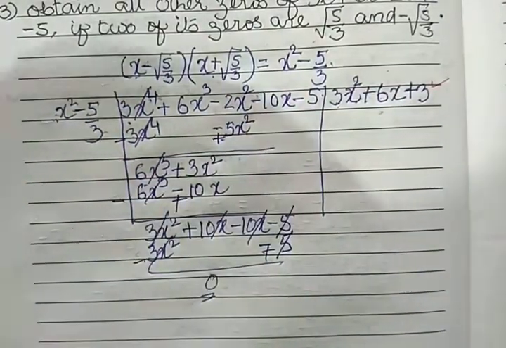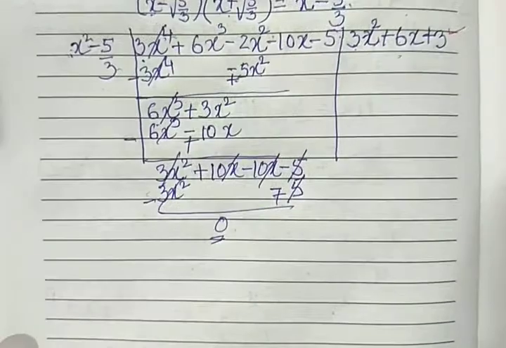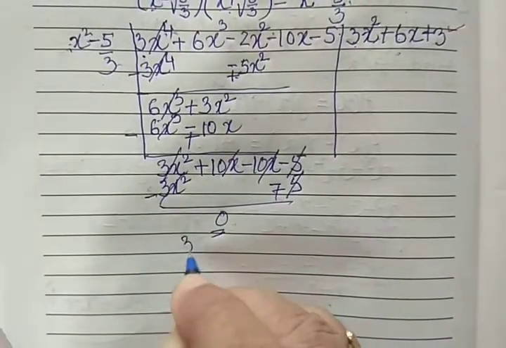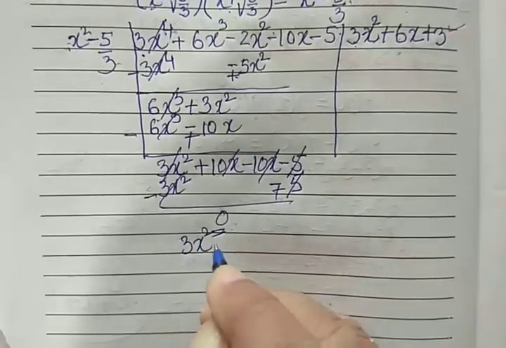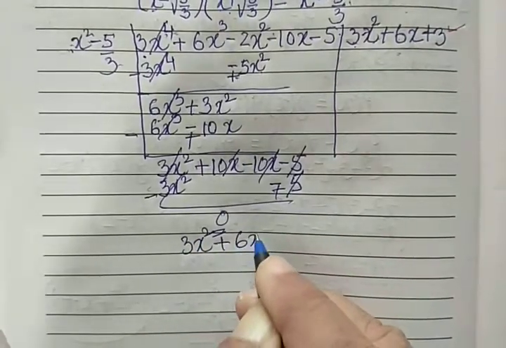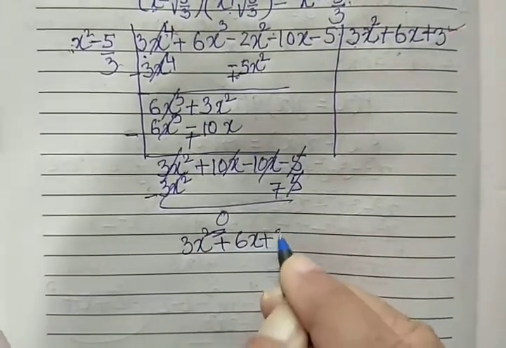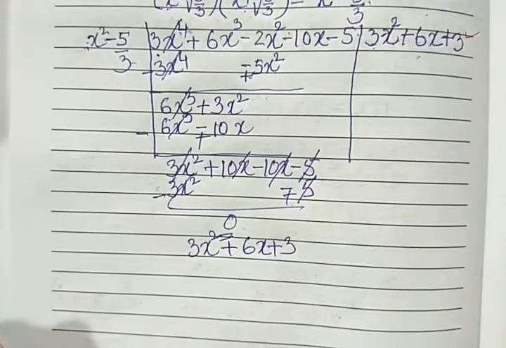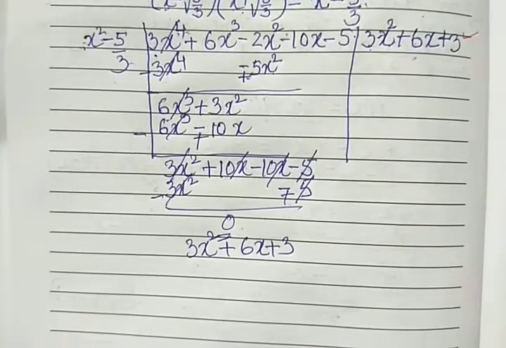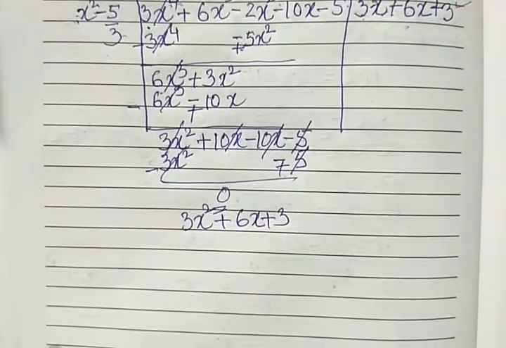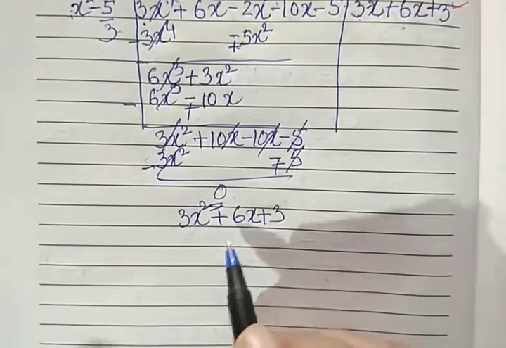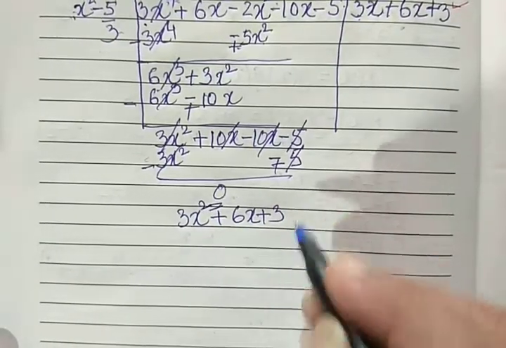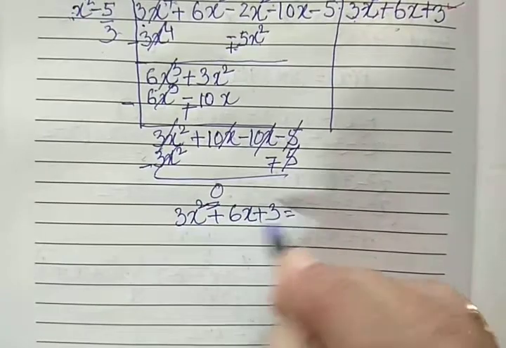So now let us take that factor, 3x square plus 6x plus 3. With the help of splitting the middle term, let us find the factors of this. Or you can take 3 common.